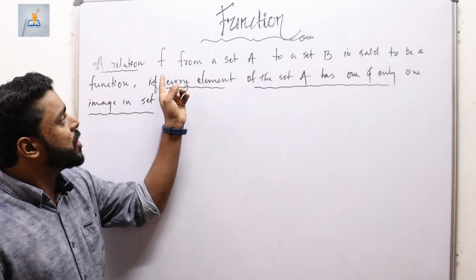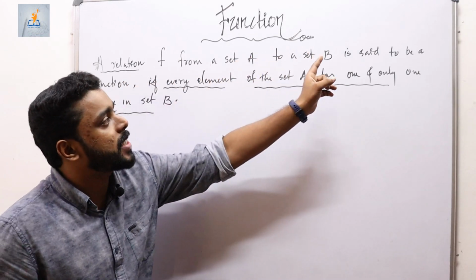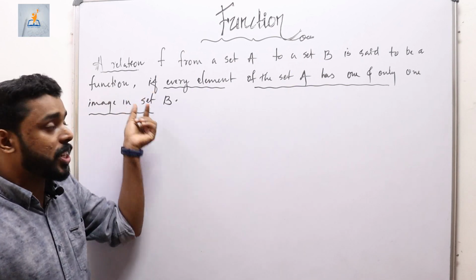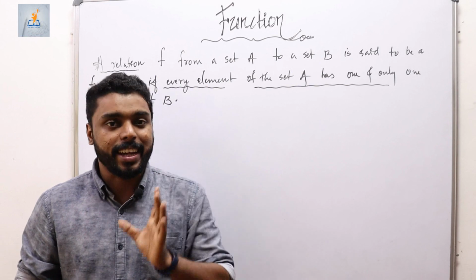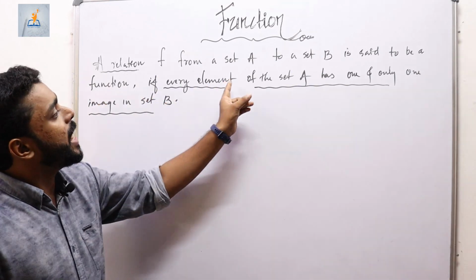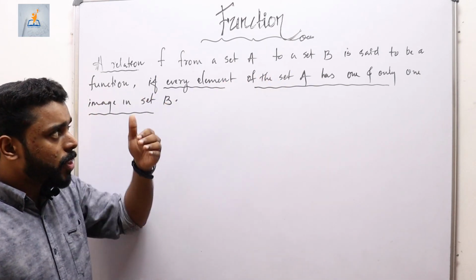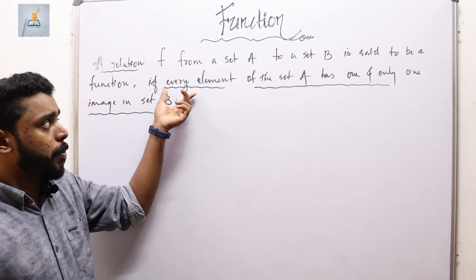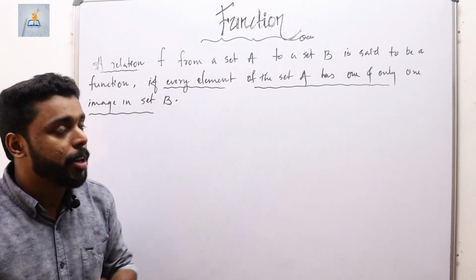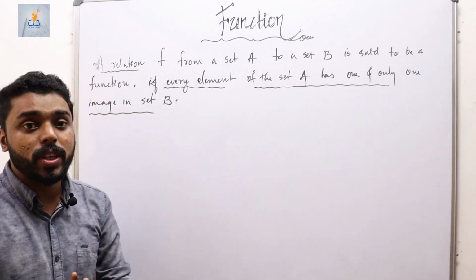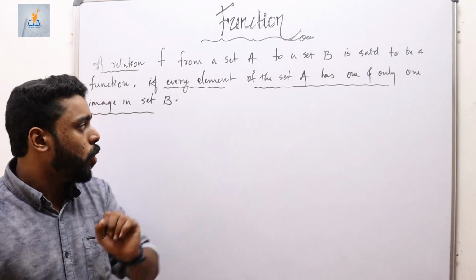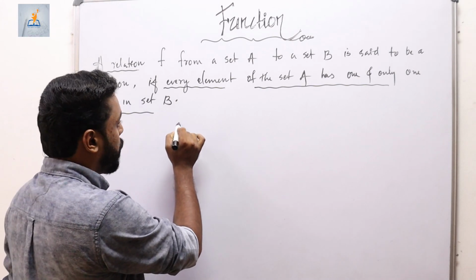A relation f from a set A to a set B is said to be a function, which means a function is basically a relation where every element of the set A must have one and only one image in the set B. Let us do this with the help of an example.